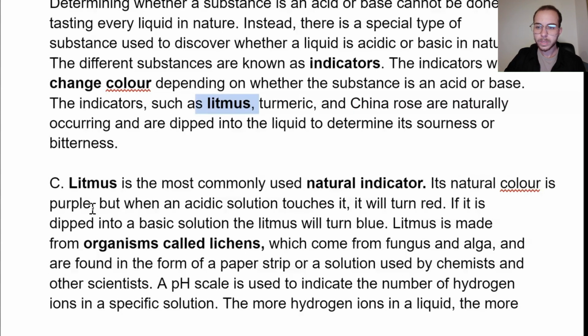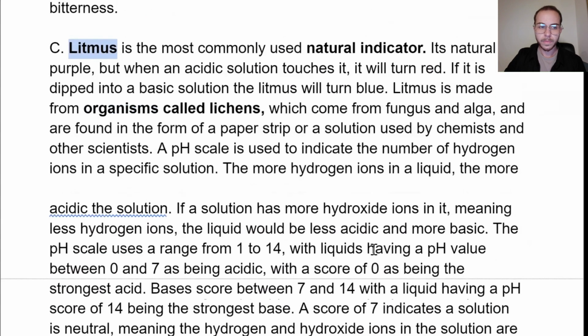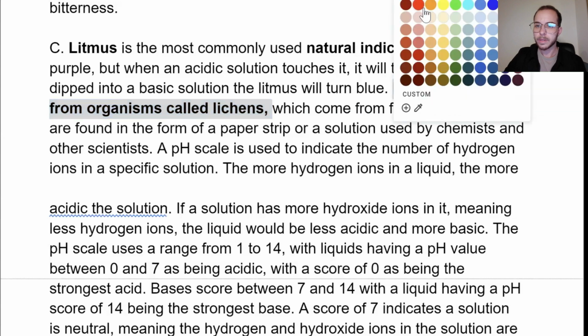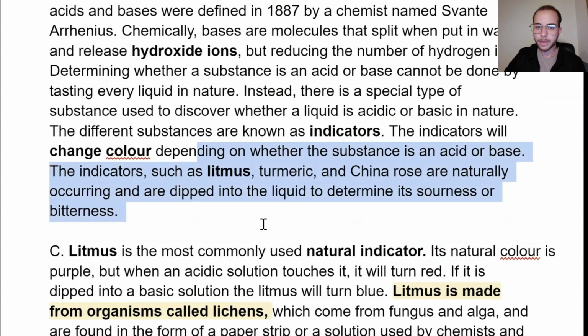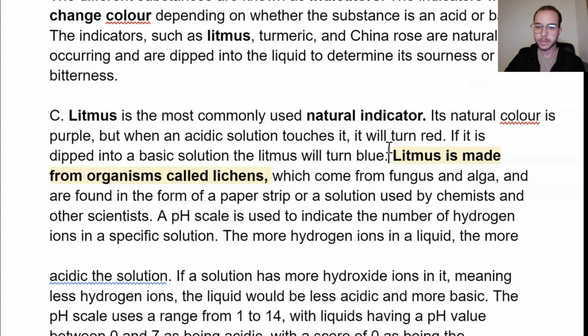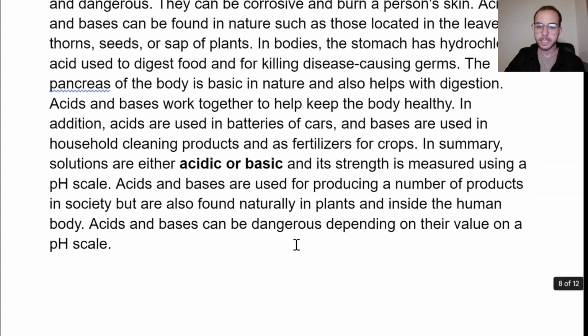But litmus also talks about it, so we have it here as well. Okay, litmus is made from lichens. Okay, there we go. So just be careful because it talked about litmus in two paragraphs, but here is the correct answer. That's paragraph C.